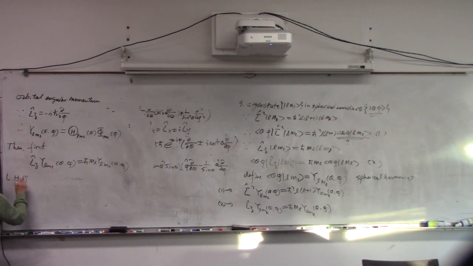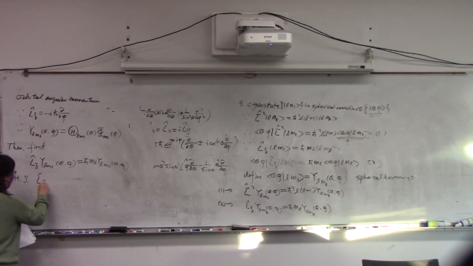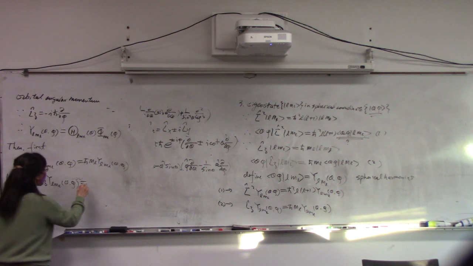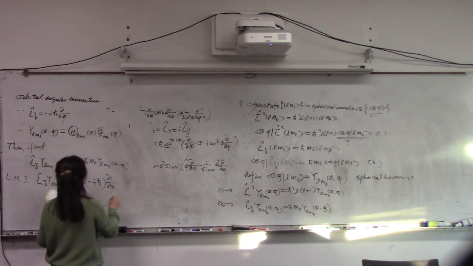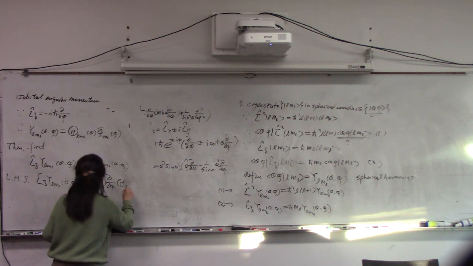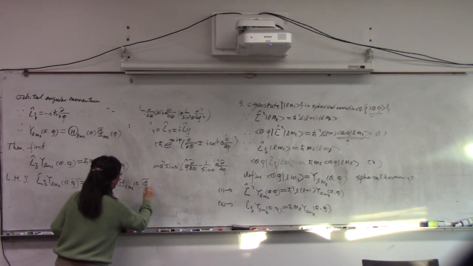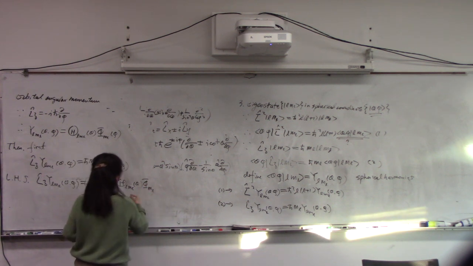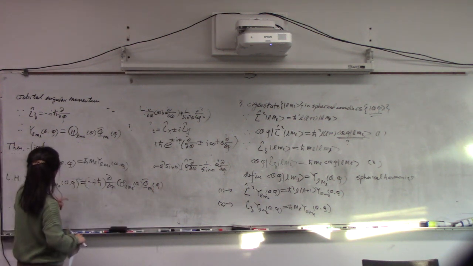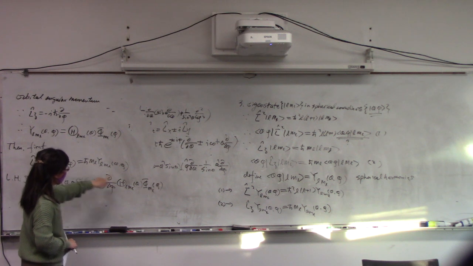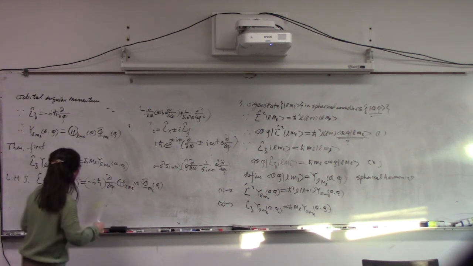Left side is L_z acting on Y_L^{m_L}(theta, phi). L_z is minus i h bar partial phi, and Y_L is capital Theta_L^{m_L}, which is only a function of theta, and capital Phi is only a function of phi, with a quantum number only m_L. So the only change is the m_L index.